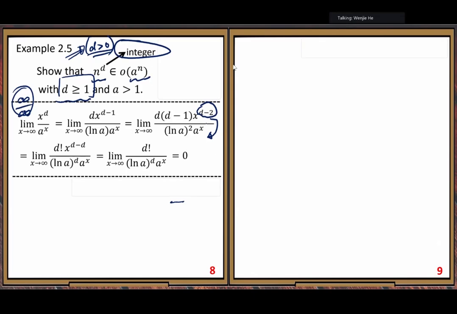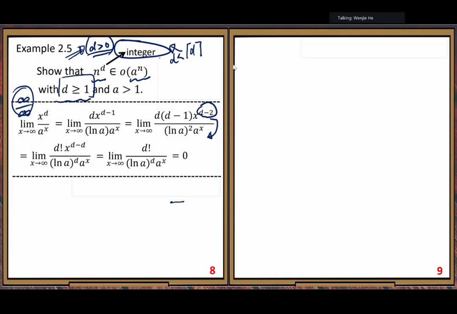Although d is not an integer, the ceiling function of d is an integer, right? And we know it is greater than d. The ceiling function of d is strictly greater than d, and it's an integer.